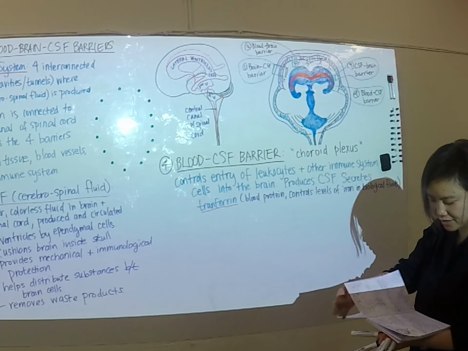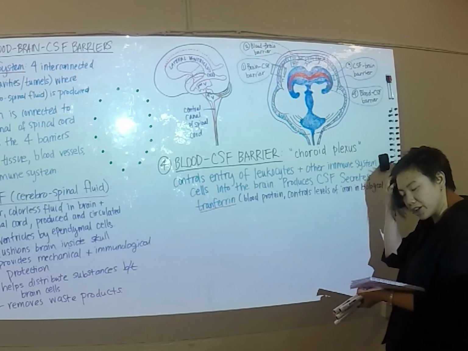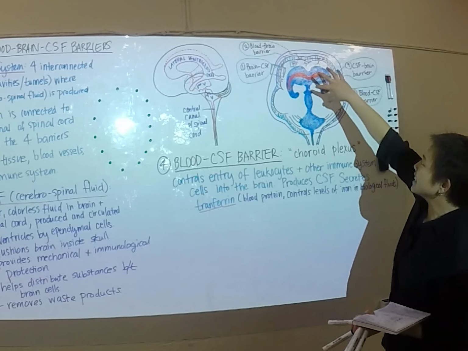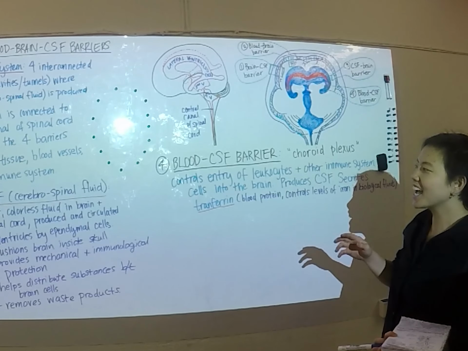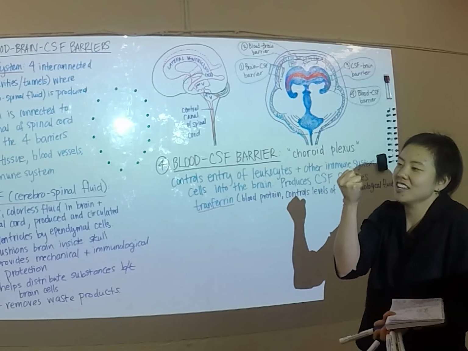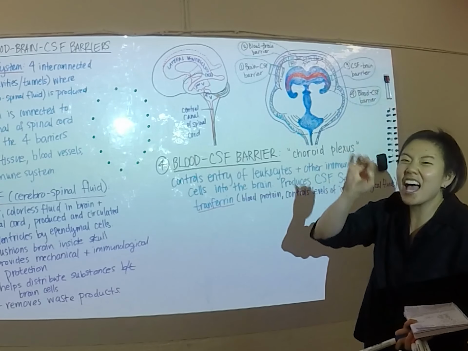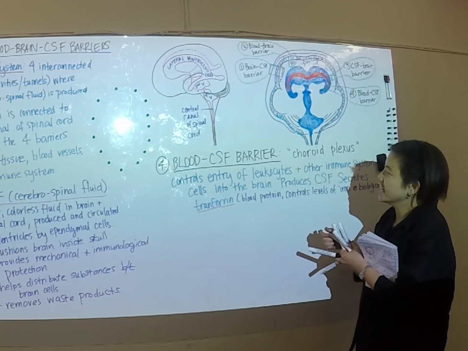Okay. Let's draw this. All right. So the choroid plexus is very deep inside of the brain, and it almost looks like a flower with many petals going off of it at once. So let's draw it.